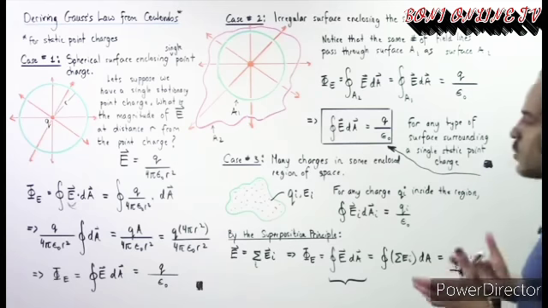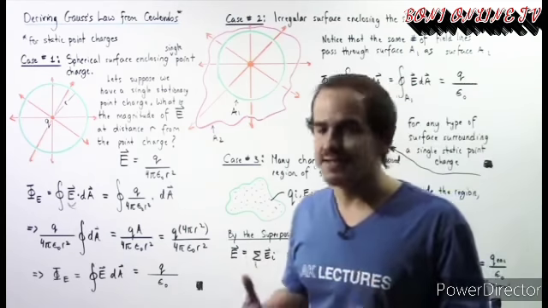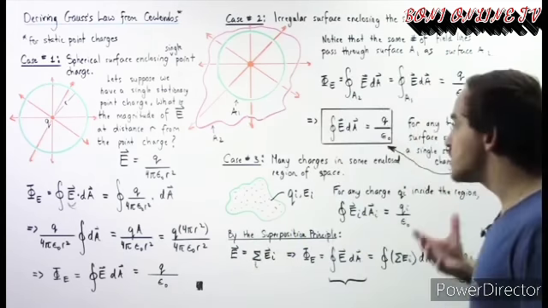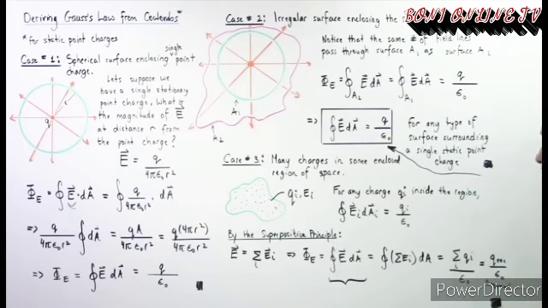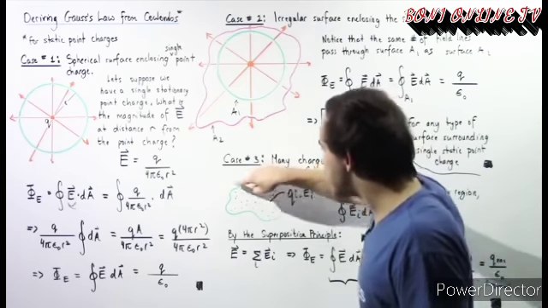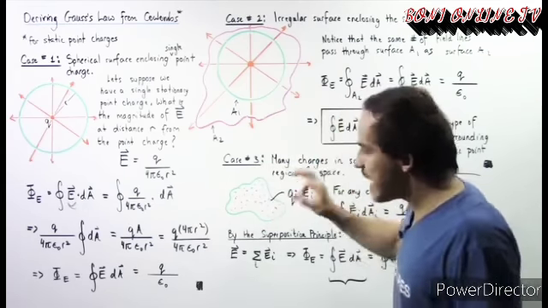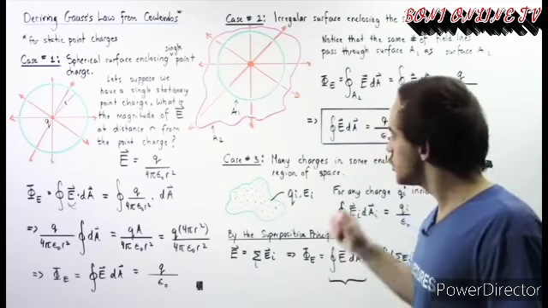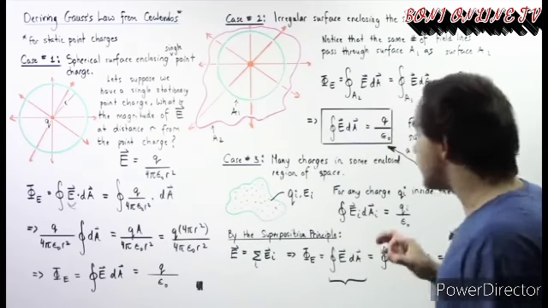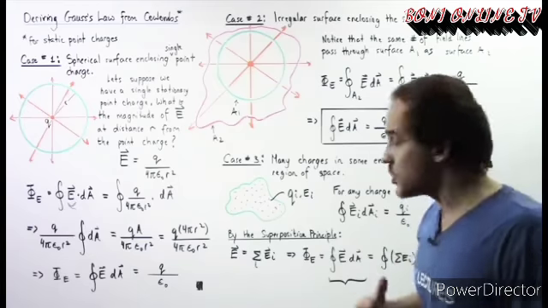And finally, let's go to the most complicated case, case number 3. Now suppose we have many charges in some irregular enclosed region of space. Let's suppose we have the following surface and we have many different types of charges within our surface, and let's choose one charge.